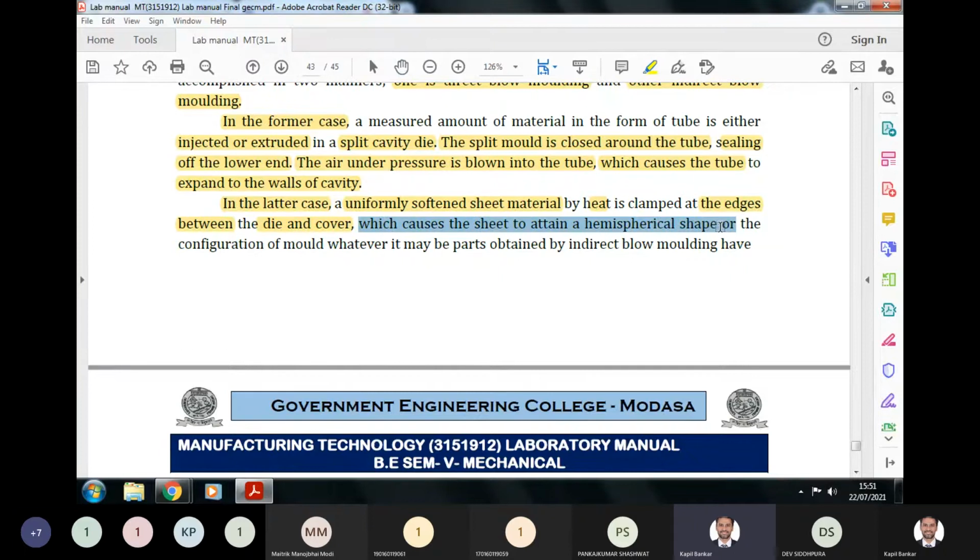On the edge of the die and cover, you have to place the heated softened sheet. Then it will take the shape of that particular die.